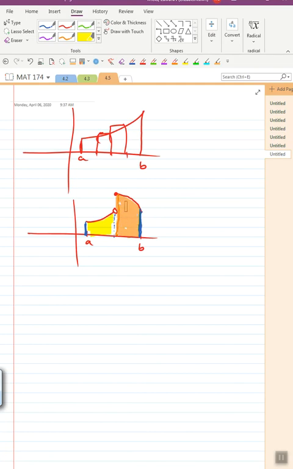Everybody with me there? So if this number was C right here, could I say that the area under that curve is the integral of the function from A to C plus the integral from C to B?